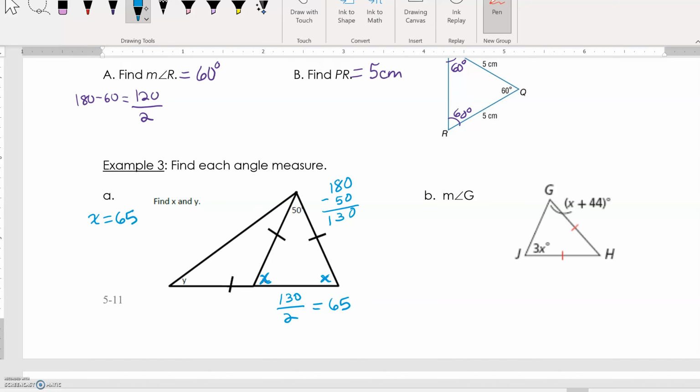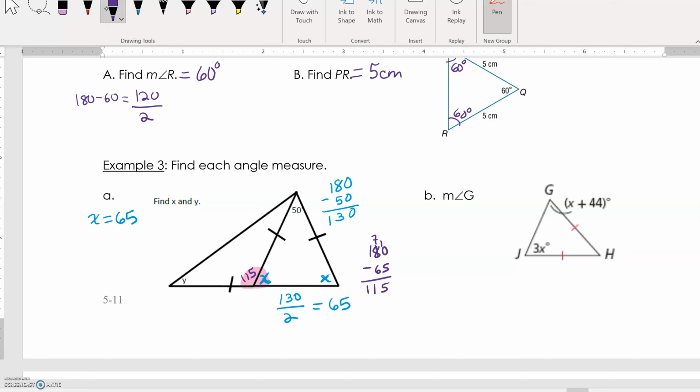And so if x is 65, I can find out the measure of this angle because the angle on the other side with x forms a linear pair right there. So we remember, hopefully, if I take 180 minus 65, this angle is 115. Plus 65 gives me the 180.